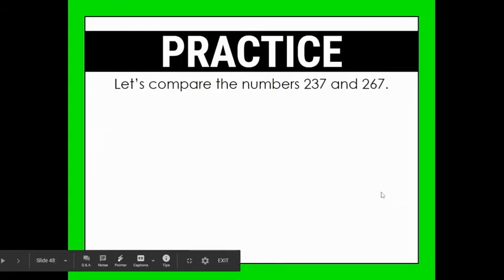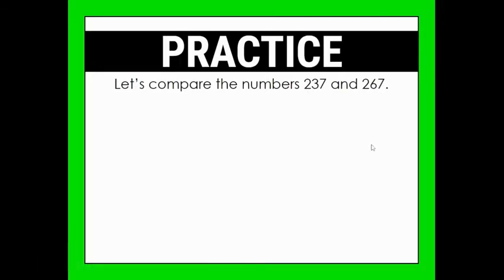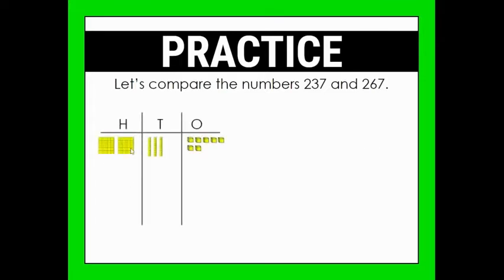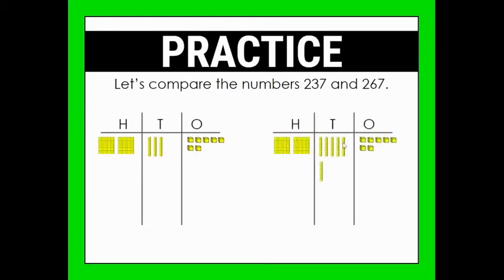Let's try another one. Now we have the number 237 and 267. So let's build both of those numbers. 237 and 267. So remember, we always start in our biggest place value.